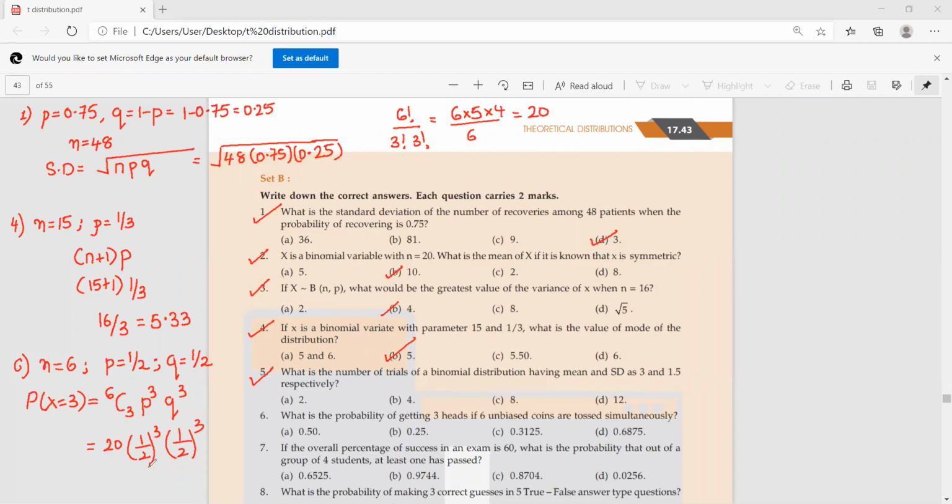Correct. So that turns out to be how much? 2 to the power 6. Correct. So it is going to be 20 divided by 64. So 20 divided by 64, that will be 0.3125. So answer for 6 turns out to be C.